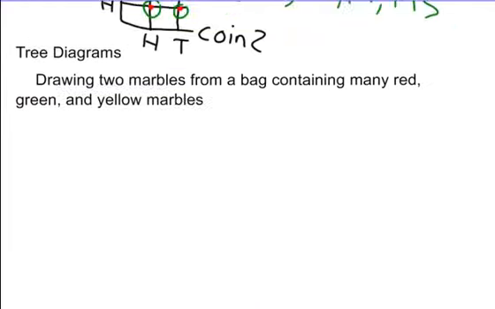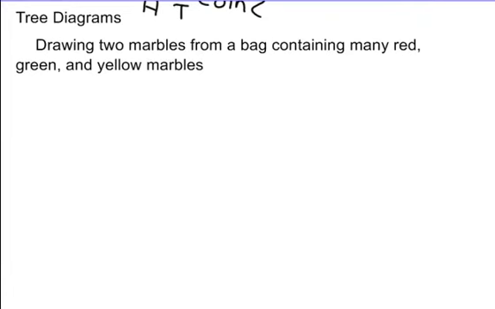Now, later on in this unit, we're going to see tree diagrams again. Tree diagrams are going to be great to show how probability can be used to show different outcomes later on. So if you have a 1/2 chance to get heads or tails, and then you wanted to roll a dice after that, what are the possibilities of having heads and rolling a 2?